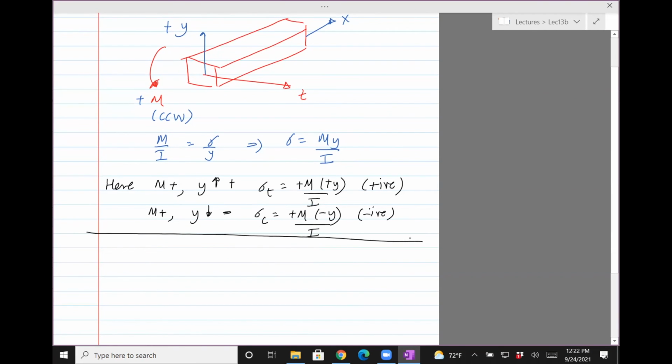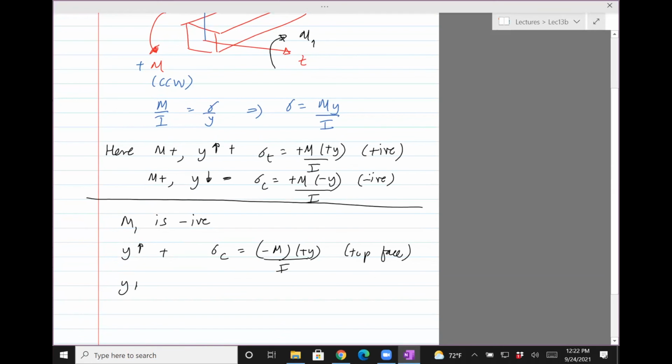If you flip the moment, so instead of being counterclockwise it was clockwise, M is negative because it's clockwise. Again, y will be the same, y upwards is positive. So on the top face, now you will have compression: sigma compression is minus M plus y over I. So this is the top face.